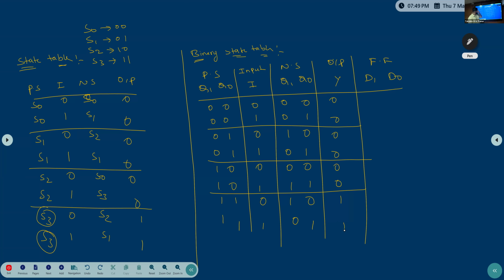Clear? So now, this Q1 you need to be checked for excitation table. Whatever next step will be there, the same thing becomes for D1 and for D0 from Q0. So then this one is 0, 0, 1, 0, 0, 1, 1, 0.